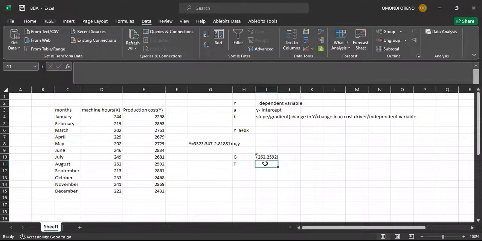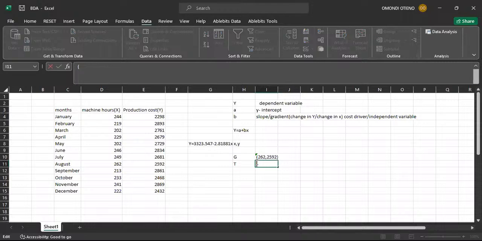So we have 202 appearing 2 times with different values. But here we are looking for the lowest. If 202 is appearing 2 times, which one has got the lowest value? The 202 with the lowest value is 27, 29. Good.